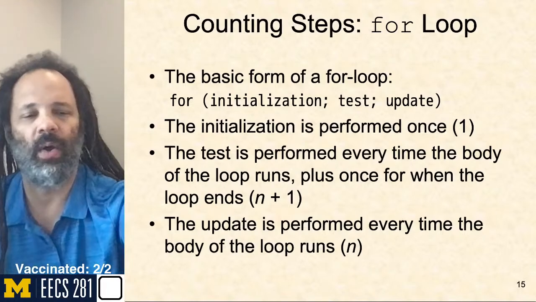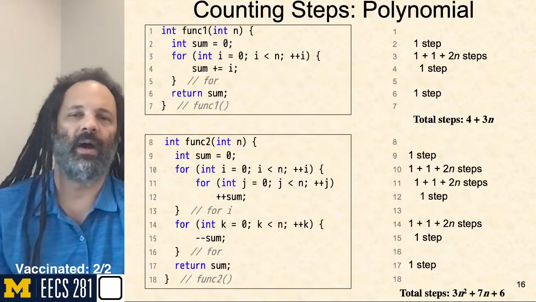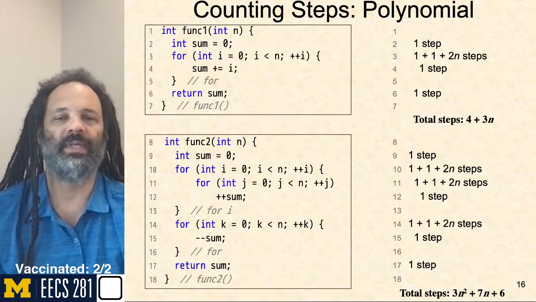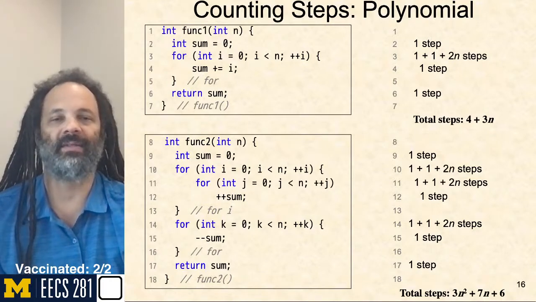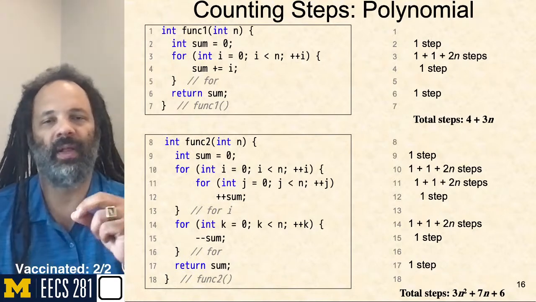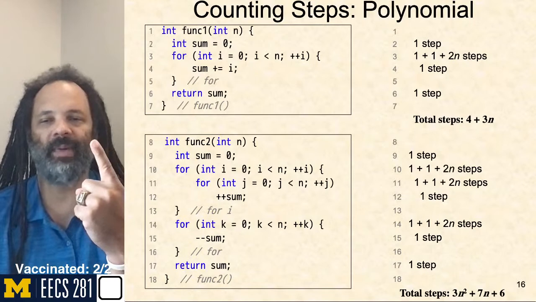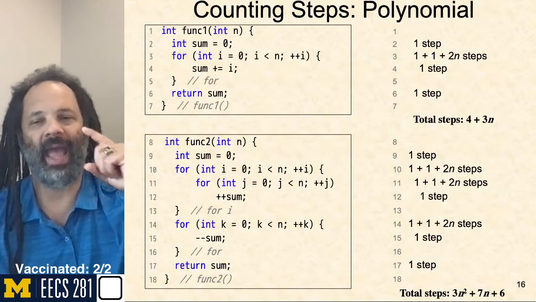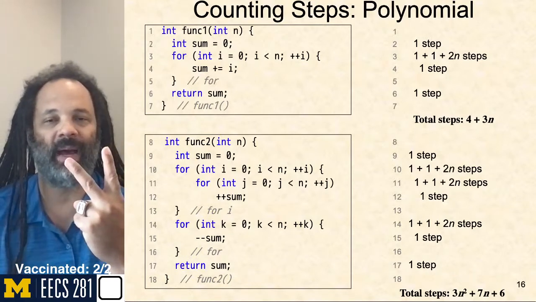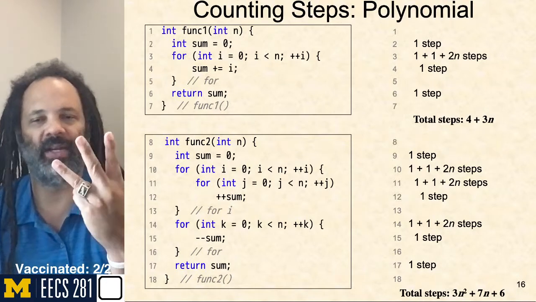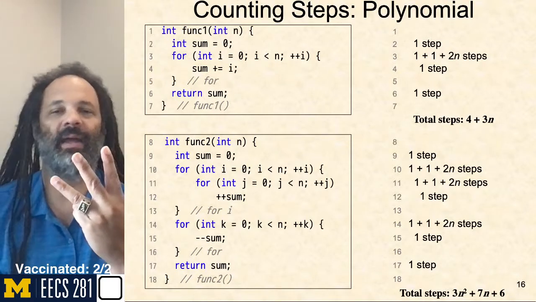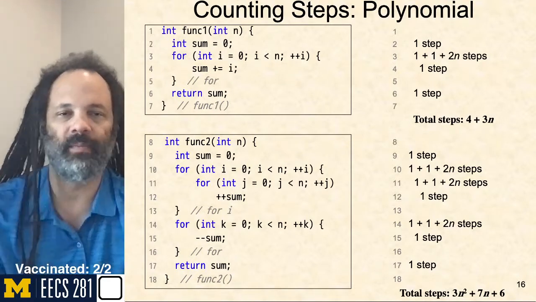So when we look at these for loops on the next slide here, we'll see that that contribution from a for loop shows up as 1 plus 1 plus 2n steps, right? The one step is initialization. I've got n+1 as my test, and then I've got an additional n as my update step.